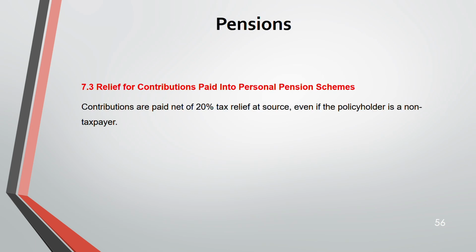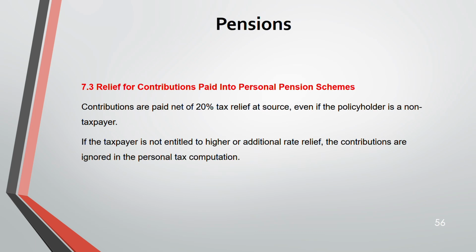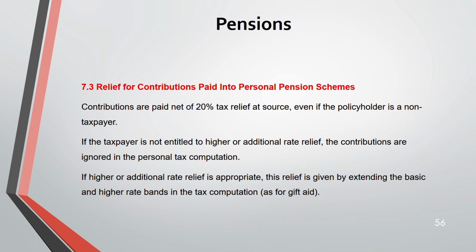This is different from your occupational scheme. Contributions are paid net of 20% tax relief at source. If the taxpayer is not a higher or additional rate taxpayer, contributions are ignored because there is no further benefit. But if you are a higher or additional rate taxpayer, we extend the basic rate and the higher rate band, like how we do for gift aid.